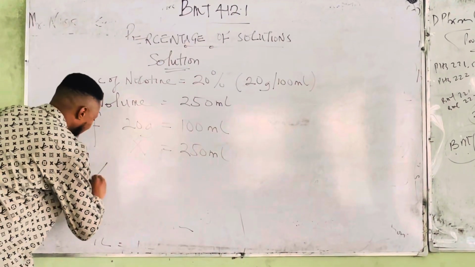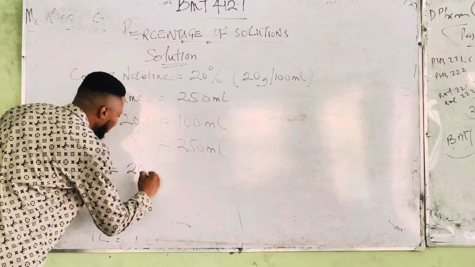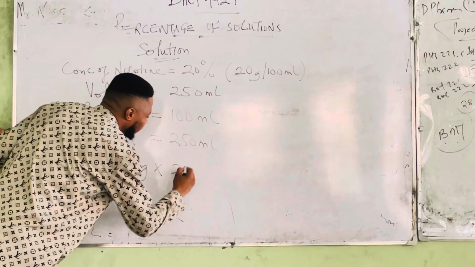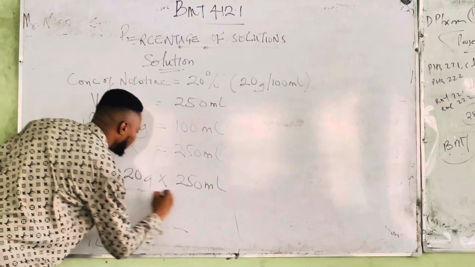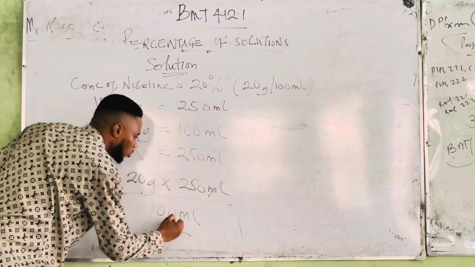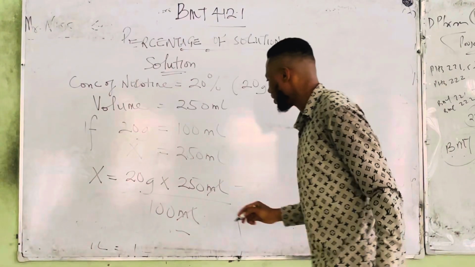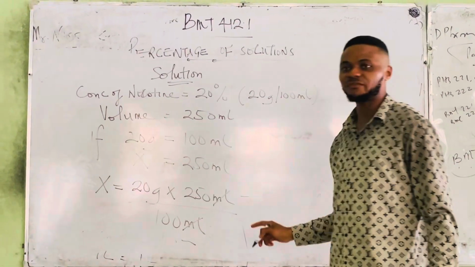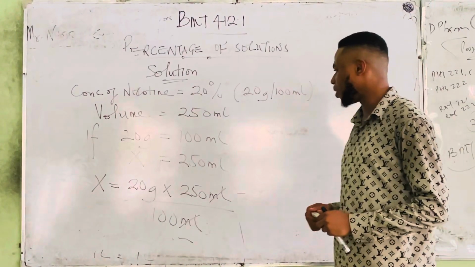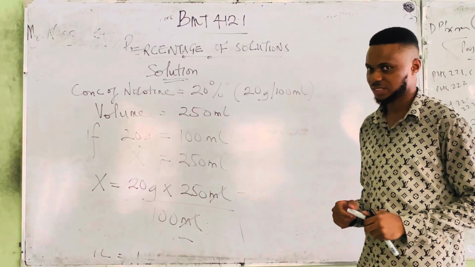So our X will be 20 grams, we cross multiply: 20 grams times 250 ml divided by 100 ml. Ml will cancel ml. 20 times 250 will give us about 5,000.